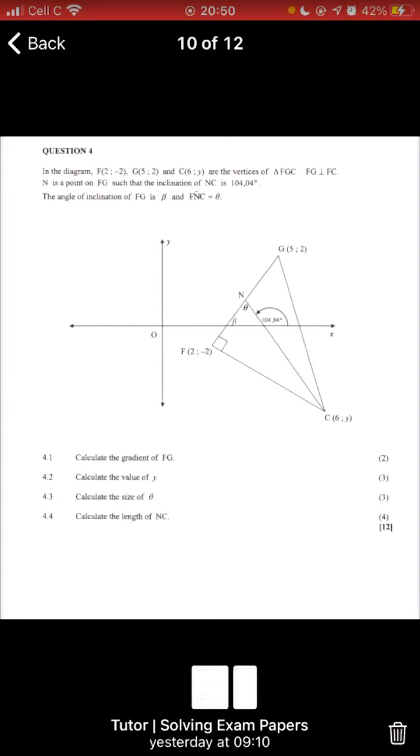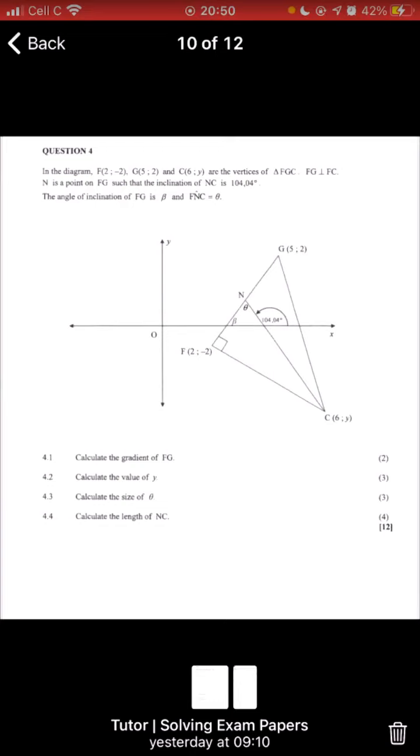So guys, question number 4 says: in the diagram, F is (-2; 2), we also have G with x value of 5 and 2, and C, which is (6; y), are the vertices of triangle FGC.